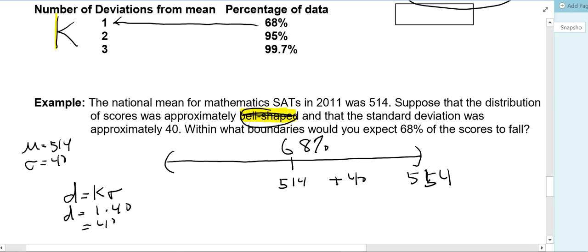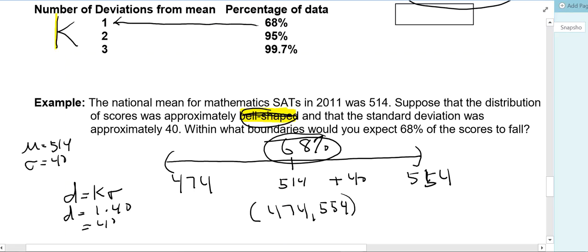If we subtract 40 from 514, we get 474. So the interval 474 to 554 will contain 68% of the data.